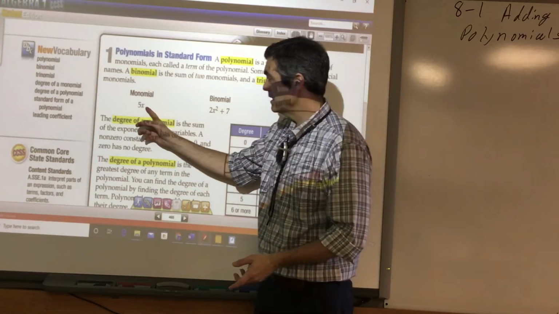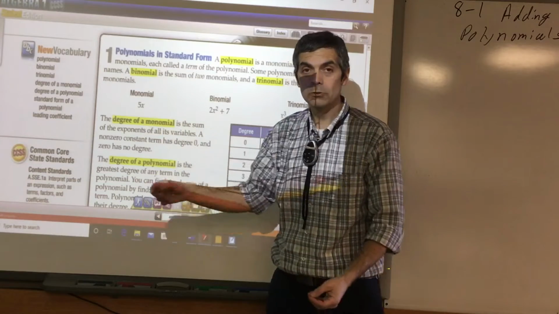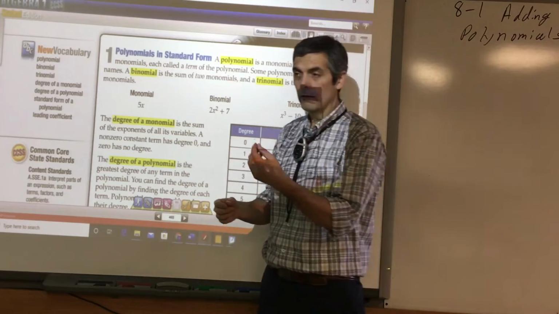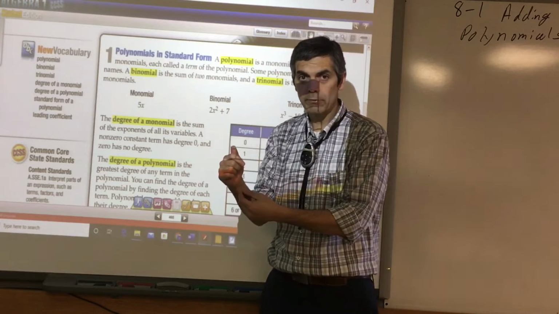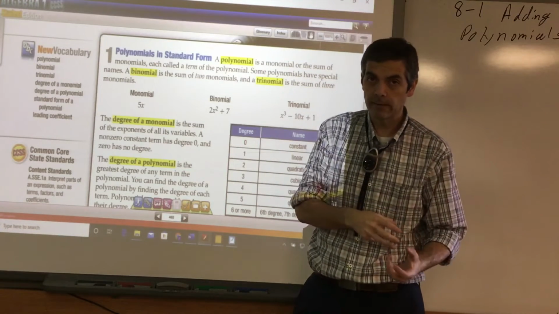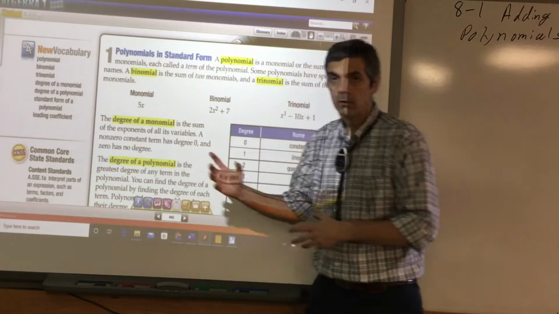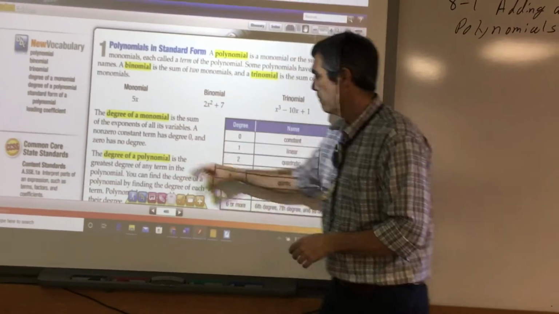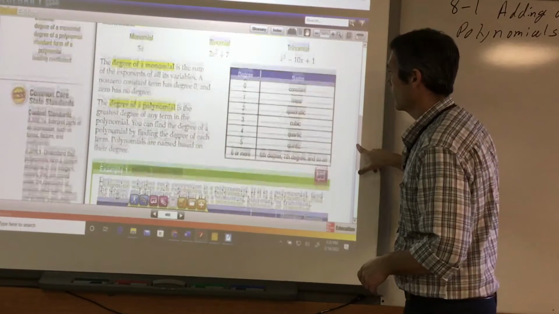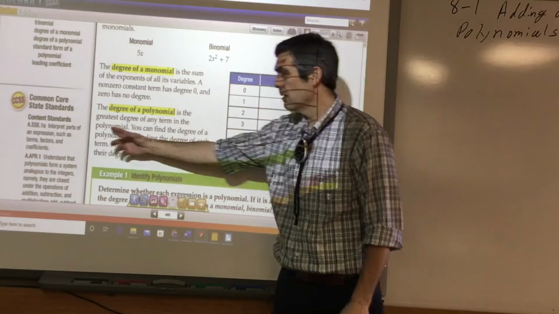If this had a z next to it, so 5xz, the degree would be 2, because you would take the exponent of the x and the exponent of the z and add those two together. That gives you your degree. That's what it means when it says the degree of a monomial. So the degree of a polynomial is the greatest degree of any term in the polynomial.